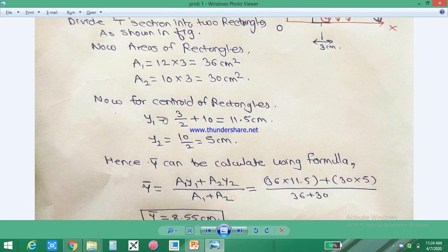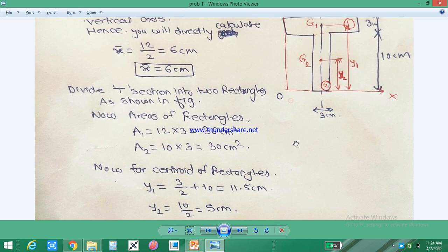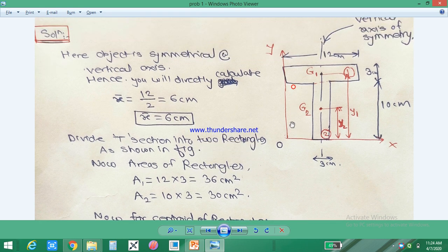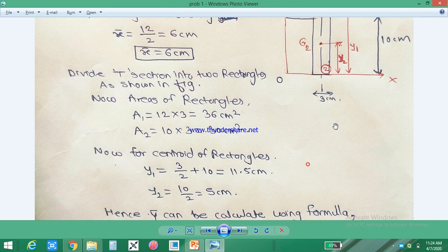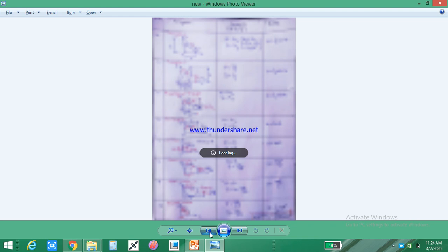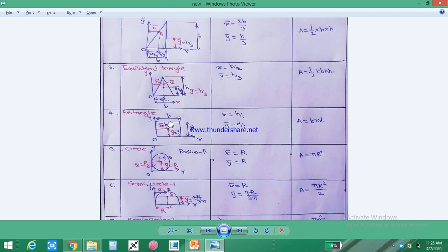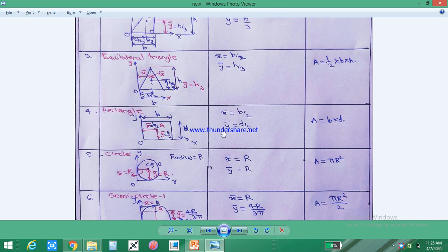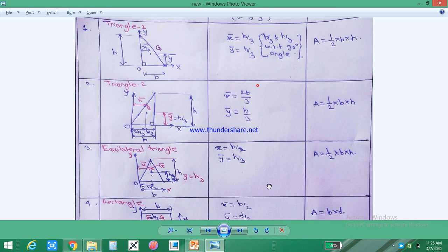Now for the centroids of the rectangles, we have placed G1, the centroid of this rectangle, and G2, the centroid of this vertical rectangle. Now for G1, let us find y1. We know from the steps that for a rectangle centroid, x bar is equal to b by 2 and y bar is equal to d by 2.